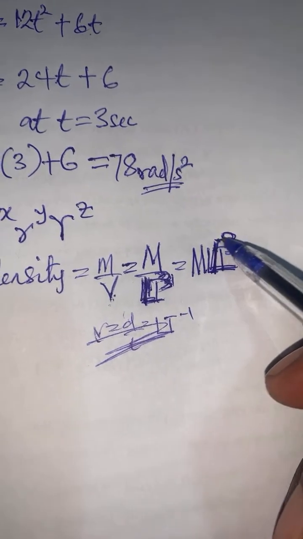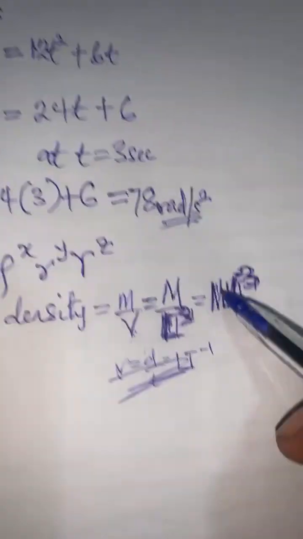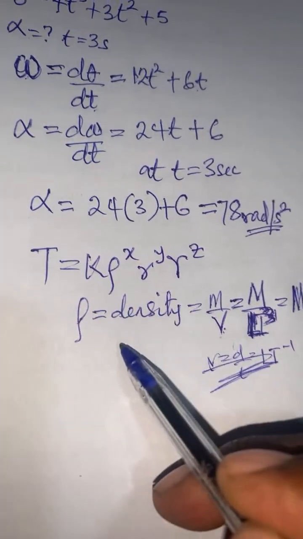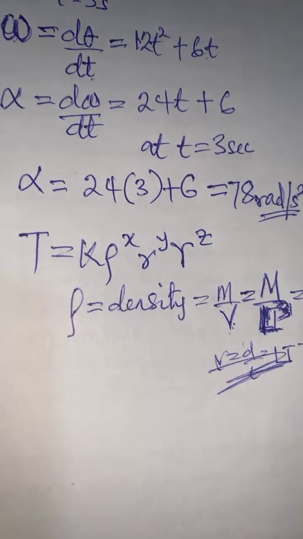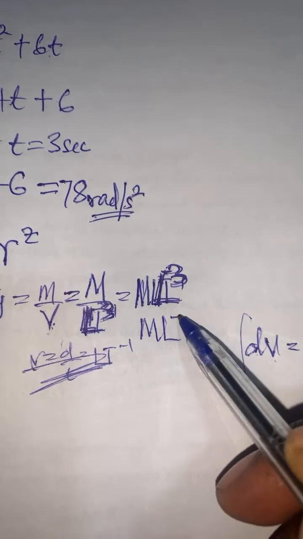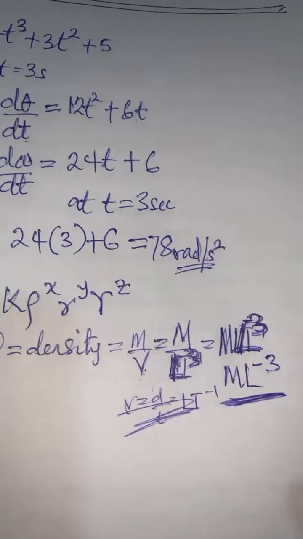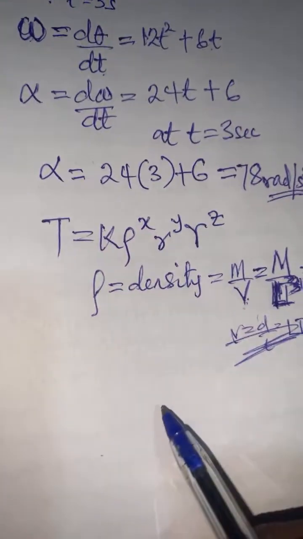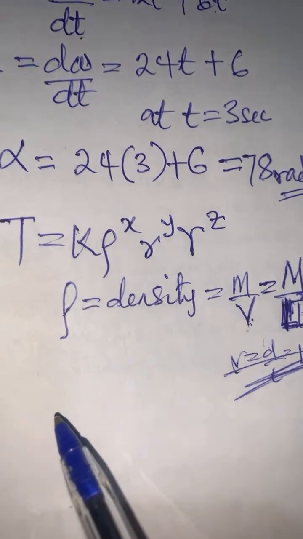ML to the power of minus 3. That is the dimension for density. It's mass over volume, not velocity.